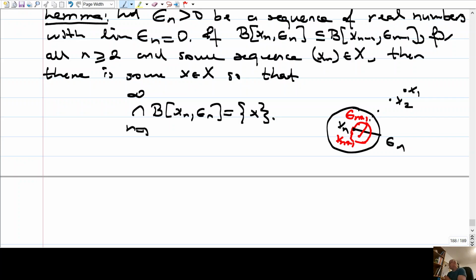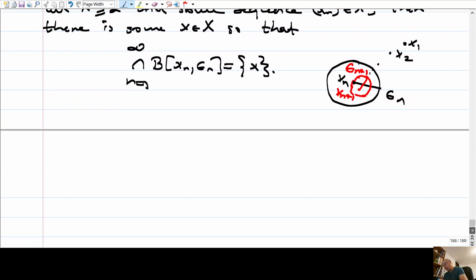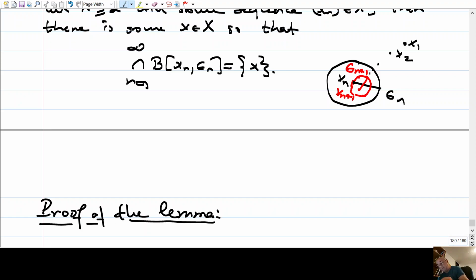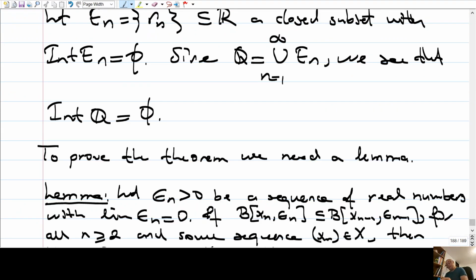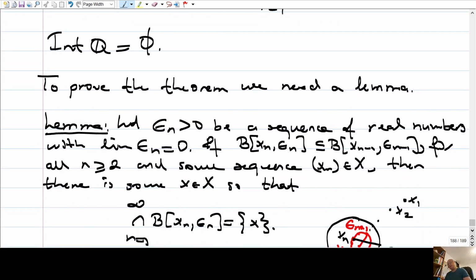Let's see the proof of this lemma first. Well, we know that X is a complete metric space, and somehow we have a convergence of a sequence.